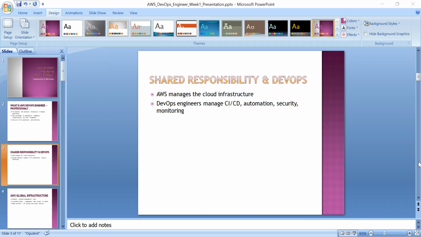To explain further, AWS takes care of the underlying cloud infrastructure like hardware, network, and virtualization. As DevOps engineers, we are responsible for automating deployments, configuring monitoring, managing the CI/CD pipeline, and ensuring security best practices in our application environment. So this is an extension of the shared responsibility model tailored for DevOps.